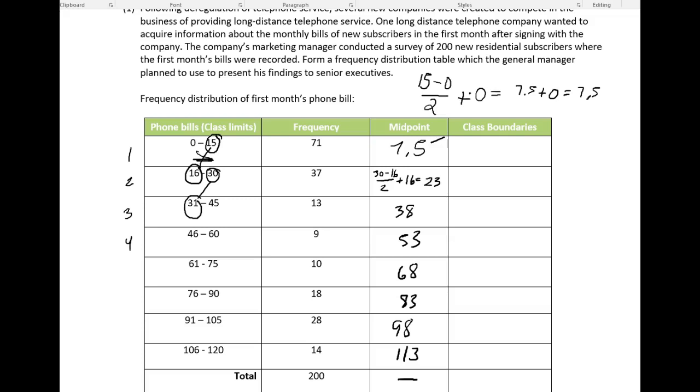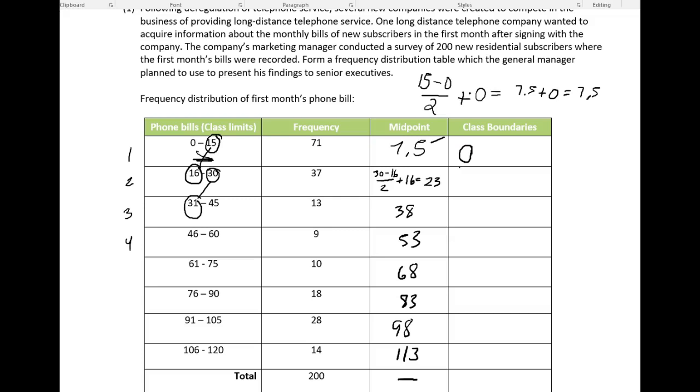So on the ends, it's not going to matter. Let me find my pen. There's my pen. So for the class boundaries, we're going to start out with 0. And then what we're going to do is split the difference between the class limits that are next to each other. The upper bound of class number 1 is 15, and the lower bound of class number 2 is 16.